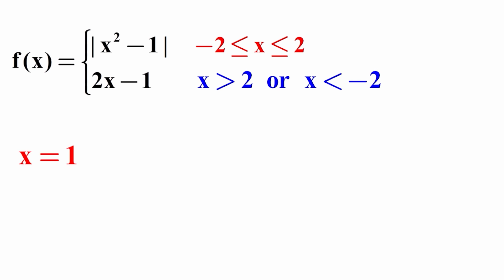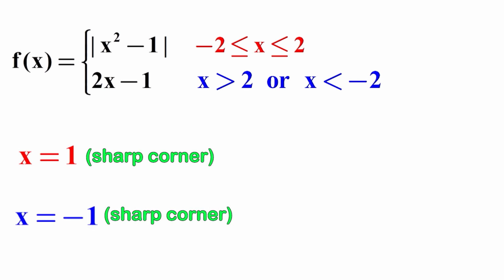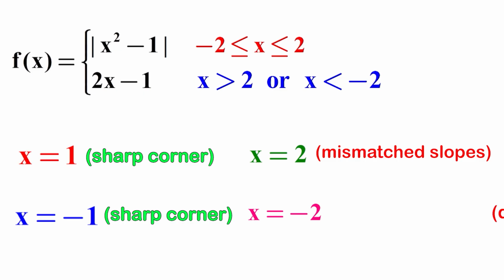So x equals 1 is a sharp corner, x equals negative 1 is a sharp corner, x equals 2 is mismatched slopes, and x equals negative 2 is a discontinuity. So there are 4 points in total where this function fails to be differentiable.